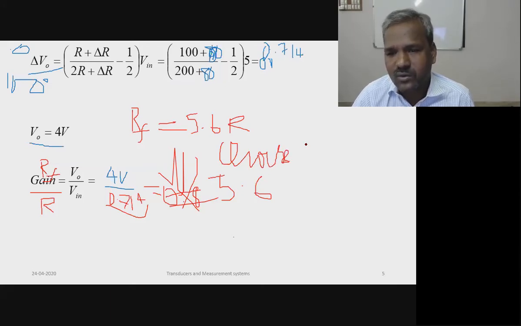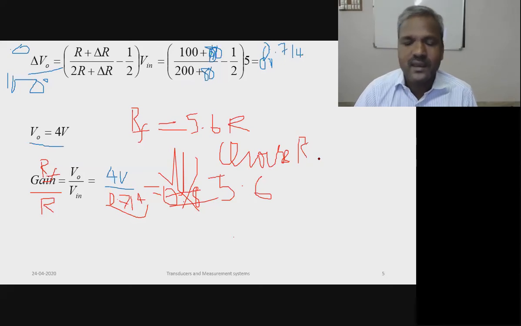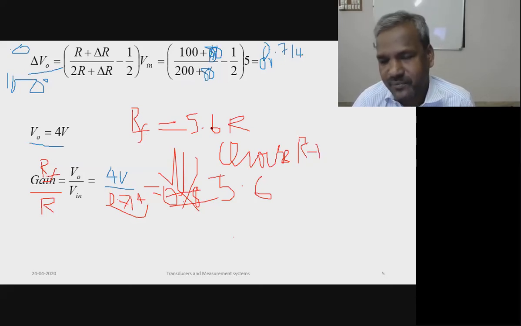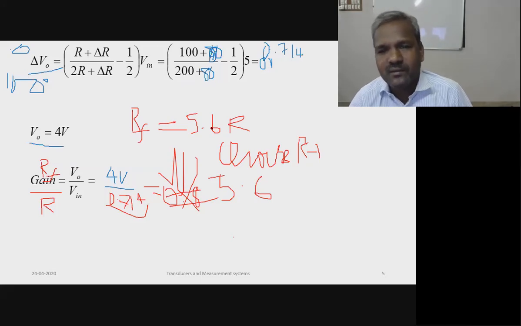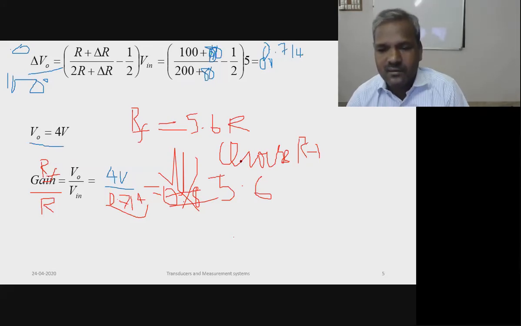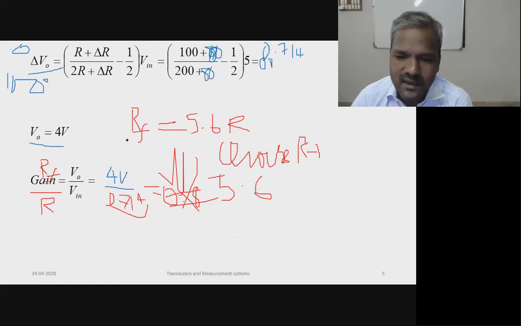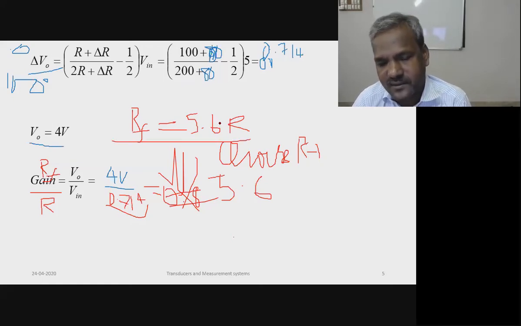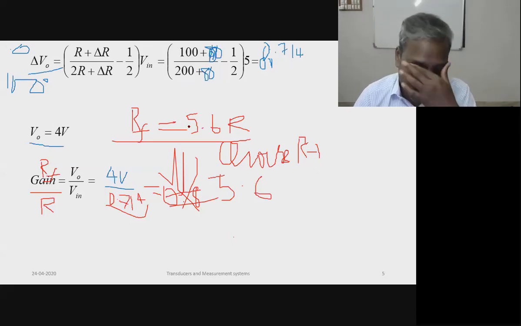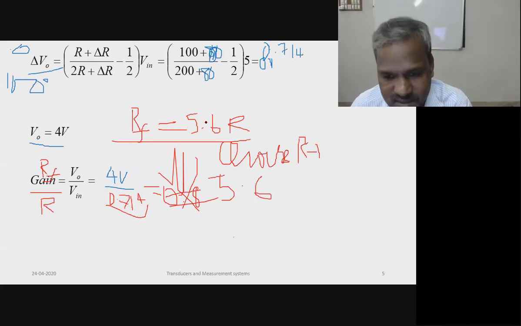Then what will be RF? 5.6K. So which is nearer to 5.6K? You can exactly take a 5.6K resistance, or a nearer value, or you can choose 5.6K.